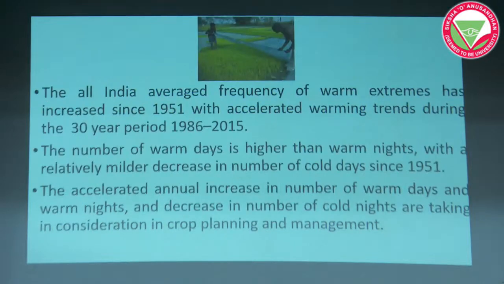Again, this is about warm days, warm nights and cold nights. Warm days will be more, and there will be a milder decrease in cold days. This is also very sensitive for our crops which are sensitive to temperature, and even for pests and disease.